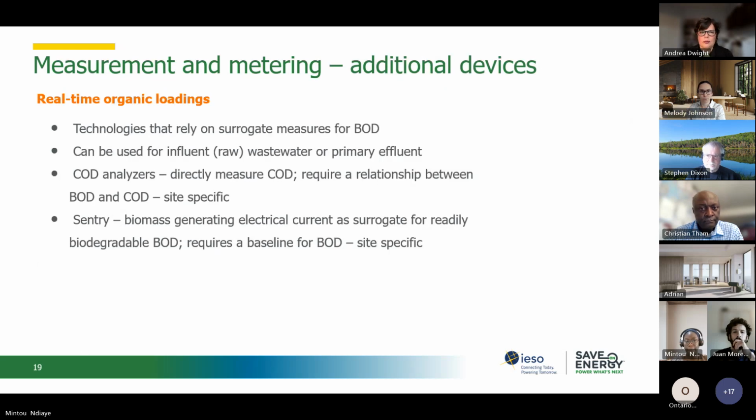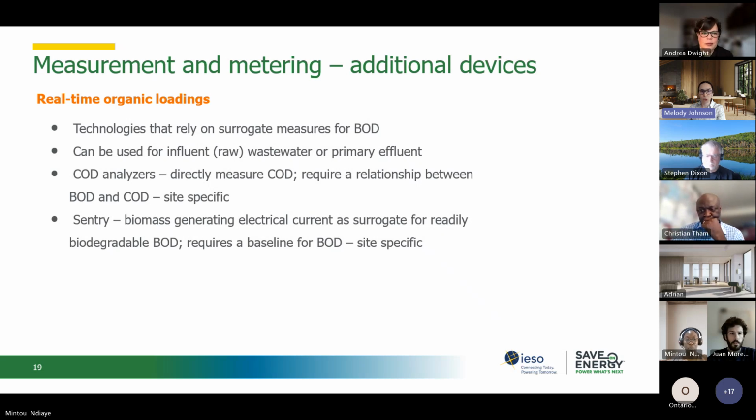There are also some additional devices out there that can give you an idea of real-time organic loadings coming to your facility. So everyone knows the BOD test takes 5 days to complete. It's useful in hindsight, but not in the moment.